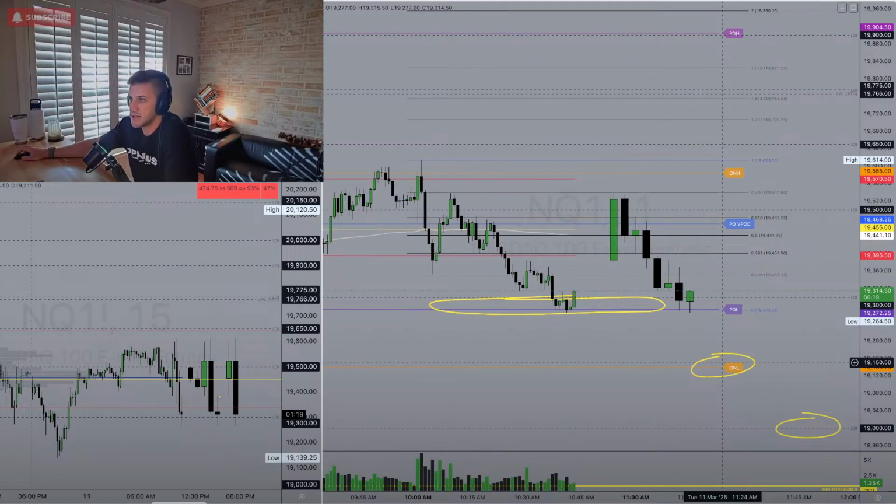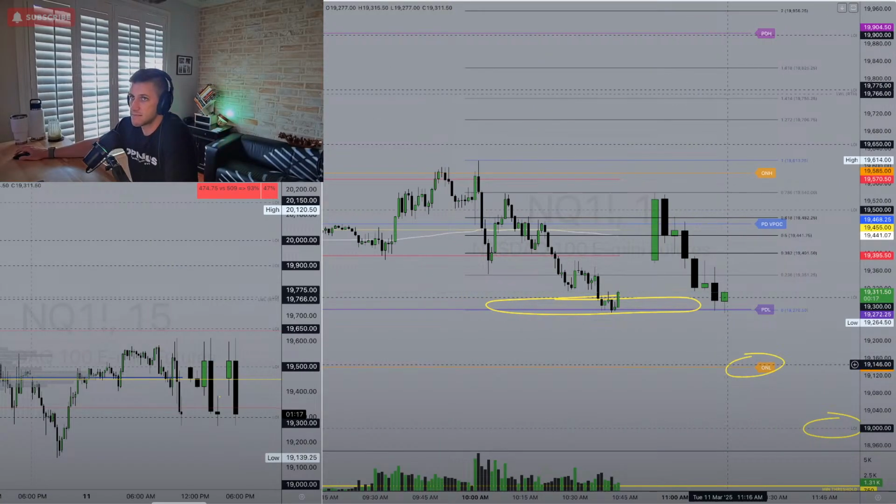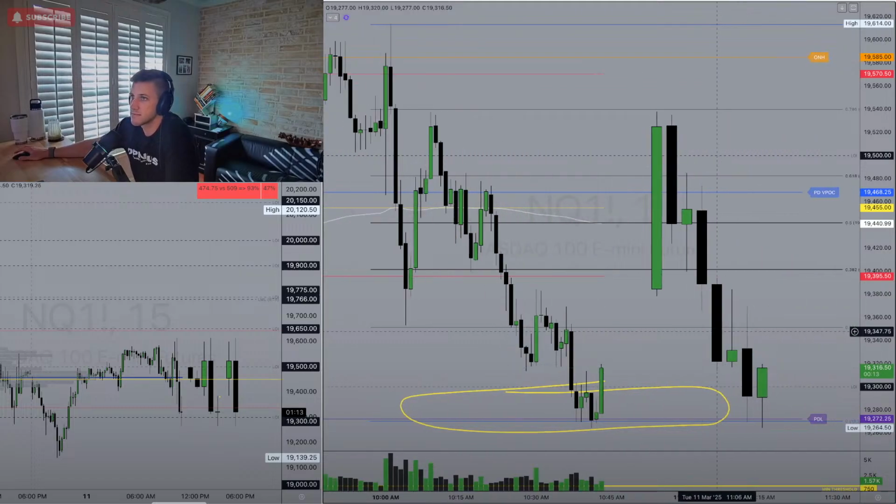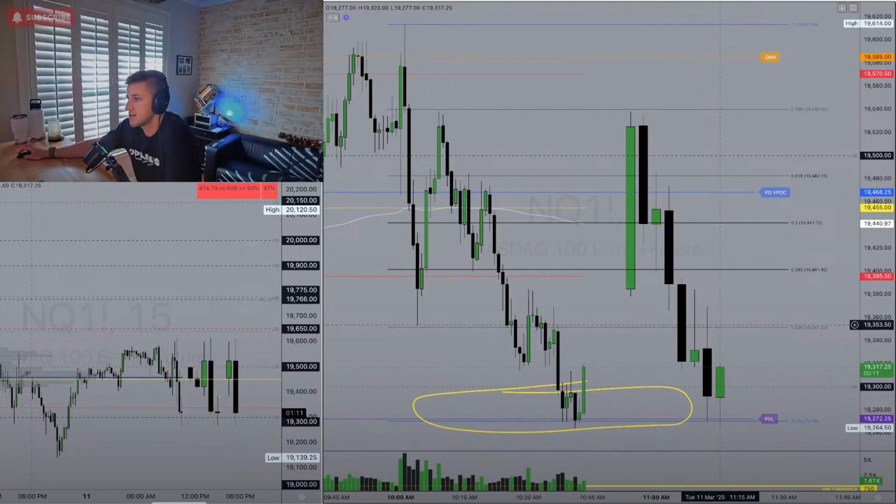All right, let's see what buyers can do here. See if they can reclaim the shallow fib. Shallow fib's just been a wall past few days.